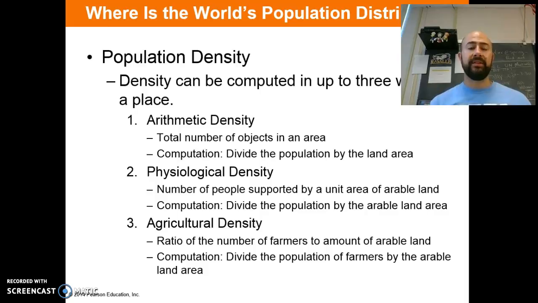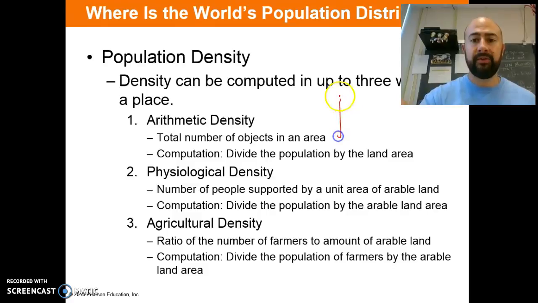So population density. When we look at population density, we talk about it in three ways, and we'll use each one of these. The first way is the arithmetic density. You take the total number of objects in an area and divide by the land area.